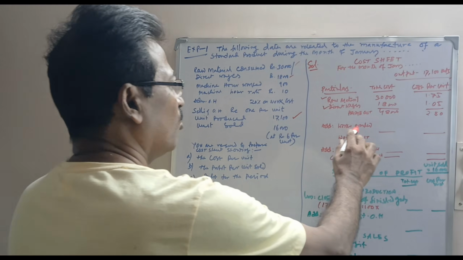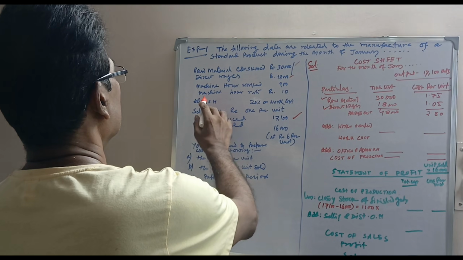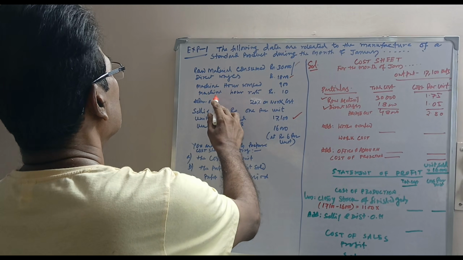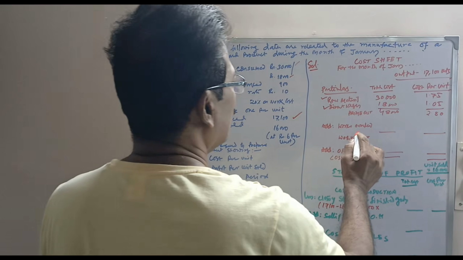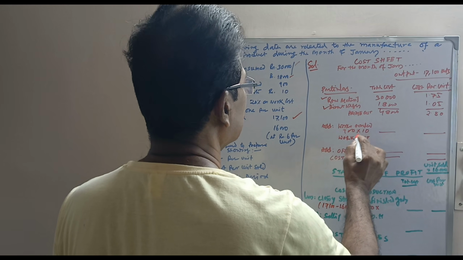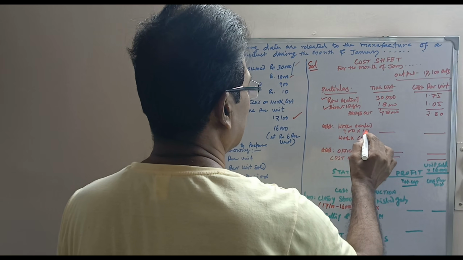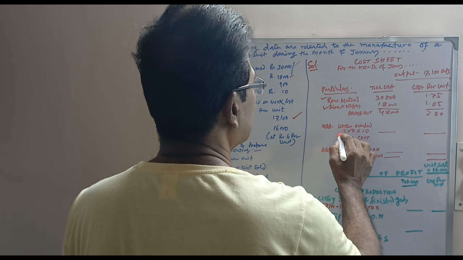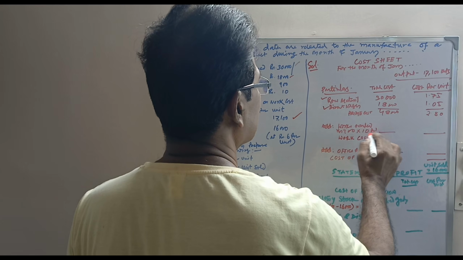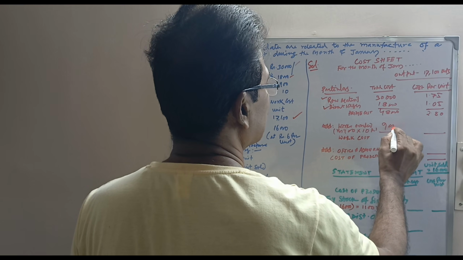Now add works overhead. It is given that machine hours worked are 900 at rupees 10 per hour, that means works overhead is 900 into 10, that is 9,000.